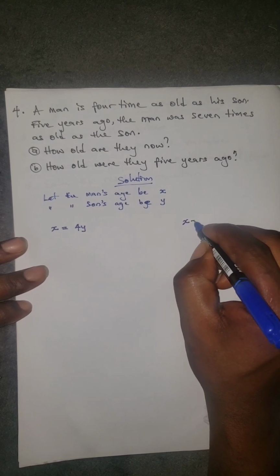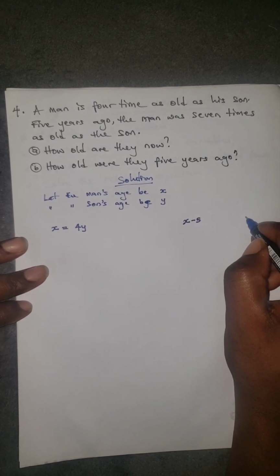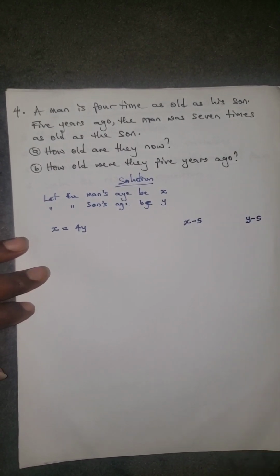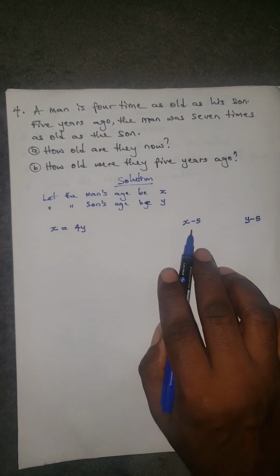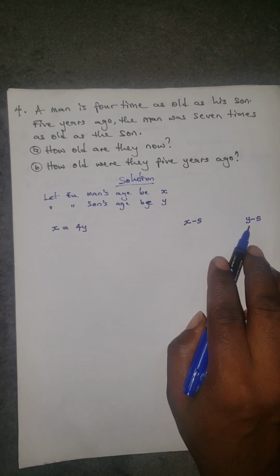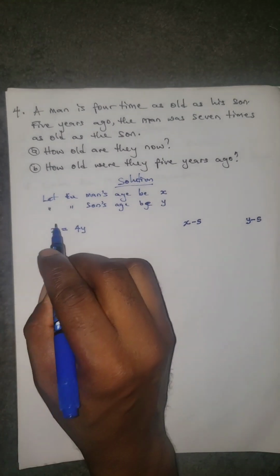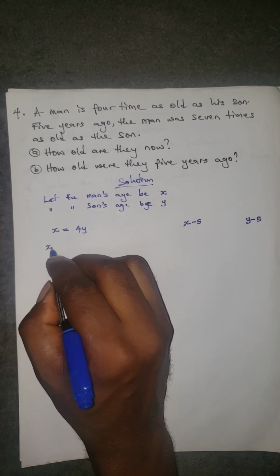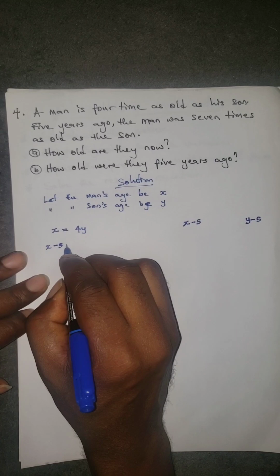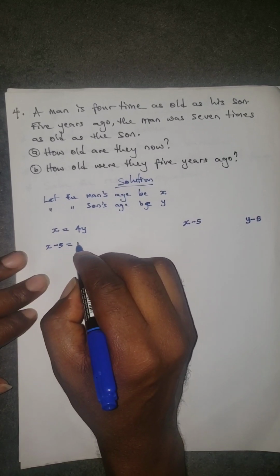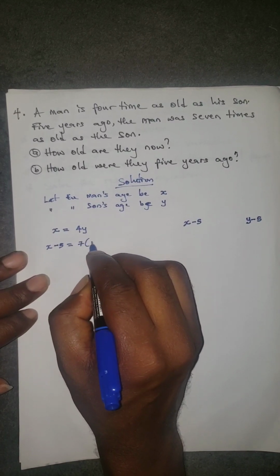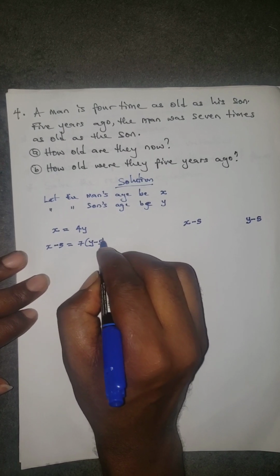The man will be X minus 5 and the son will be Y minus 5. Okay. So they say that the man's age, which is X minus 5, is equal to 7 times, so 7 into Y minus 5.